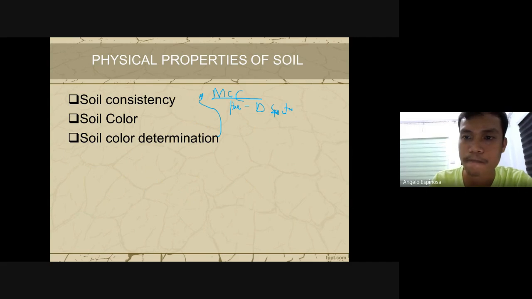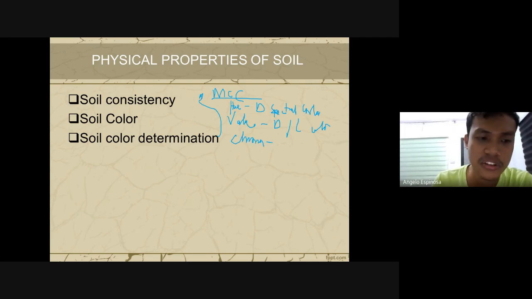Spectral color. And we have also value. Value naman is darkness or lightness. Pag chroma naman, ito yung gradation of purity of color.